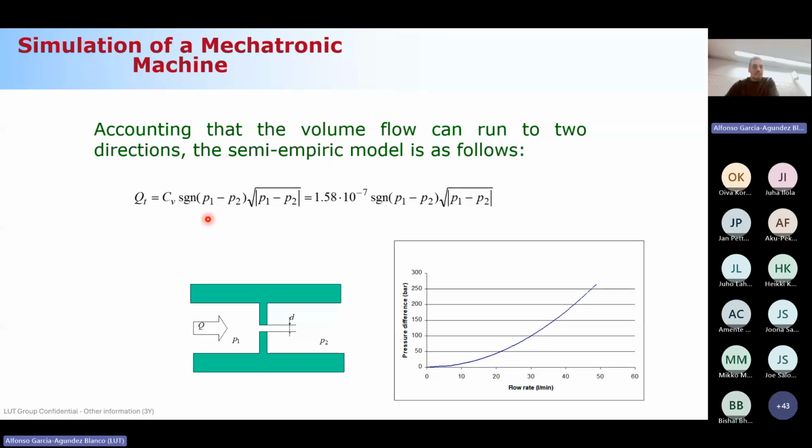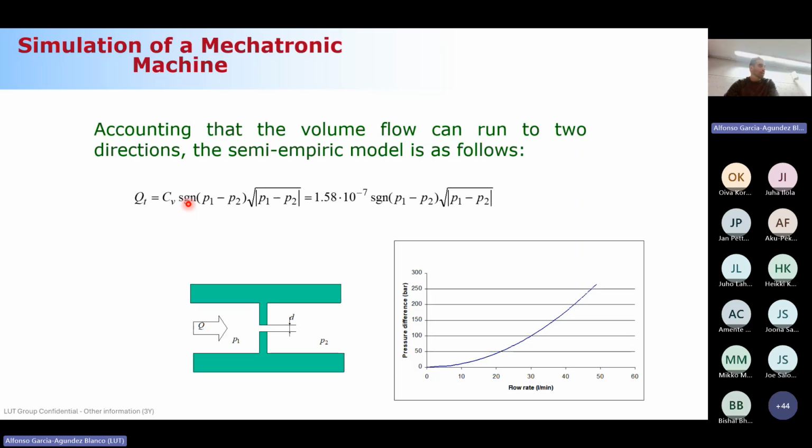So to do that, you have here the CV, which is the coefficient, times the square root of the pressure difference. Of course, if you have a square root, you need to write this as an absolute value to avoid an imaginary number, okay? That is why you have here the absolute value. And to determine the sign in your equation, the sense of the flow, you use this sign function.